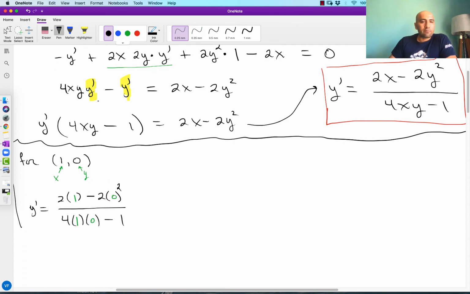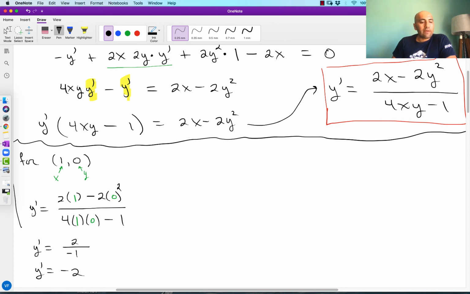Okay, so we just have to simplify this a little bit. We get y prime equals 2 minus 0, so that's going to be 2 in the numerator, divided by 0, since 0 times anything is 0, and 0 minus 1 is negative 1. So y prime equals negative 2.